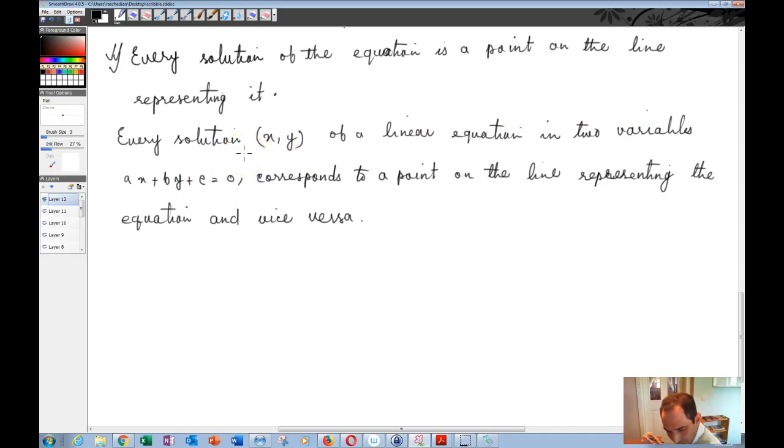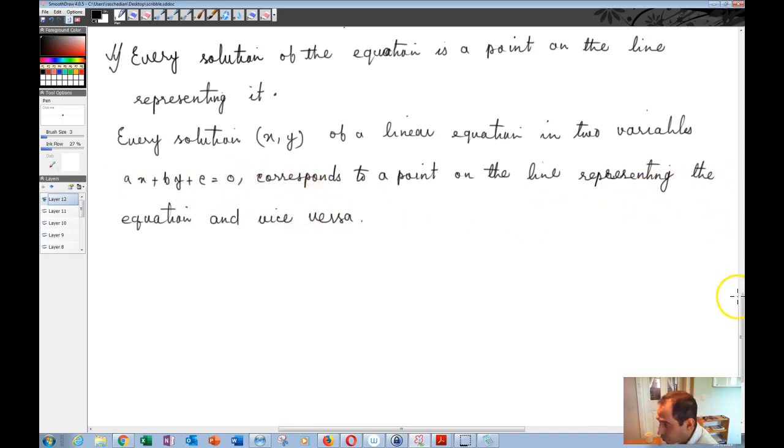Now this is all about a linear equation in two variables, for example ax + by + c = 0.